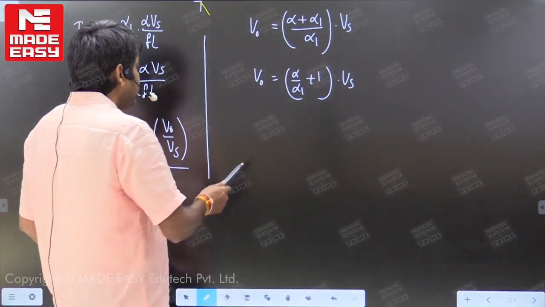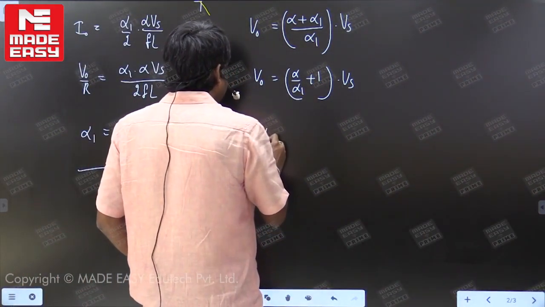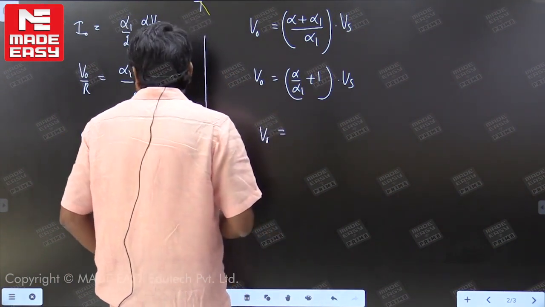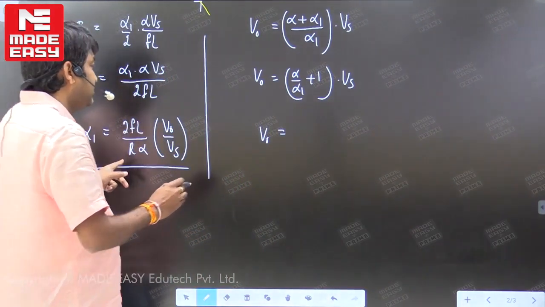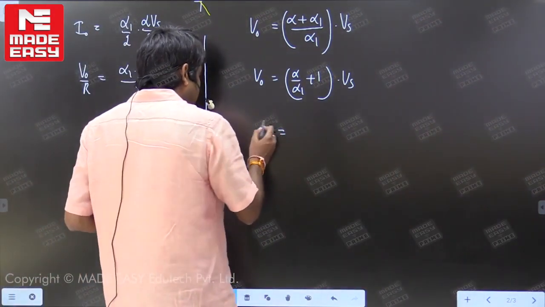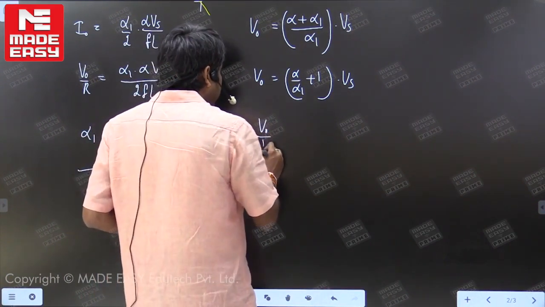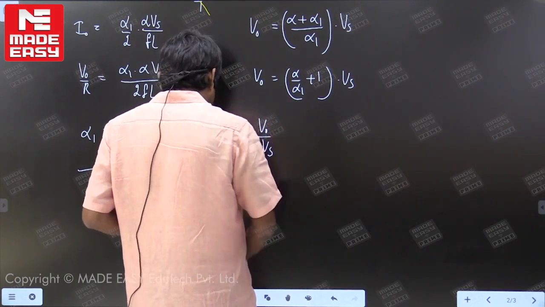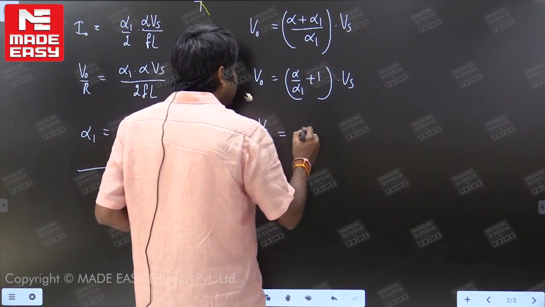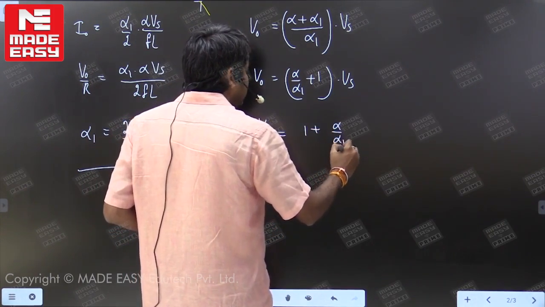If you substitute the alpha 1 value here, you will get V naught by Vs is equal to 1 plus alpha by alpha 1.